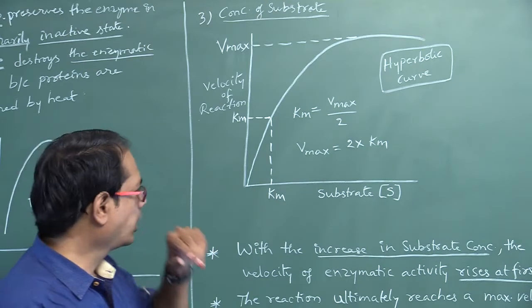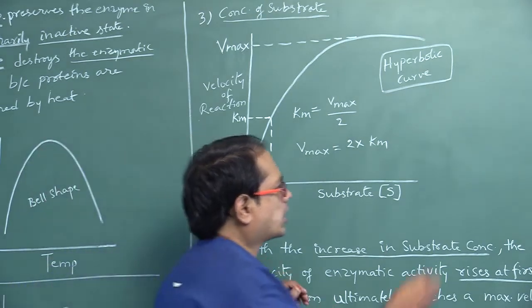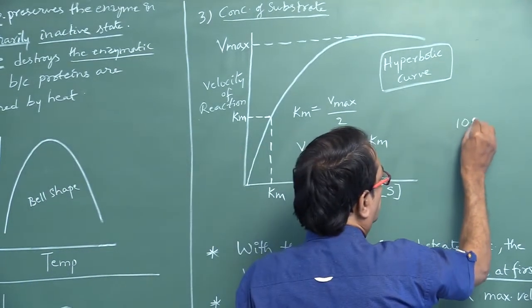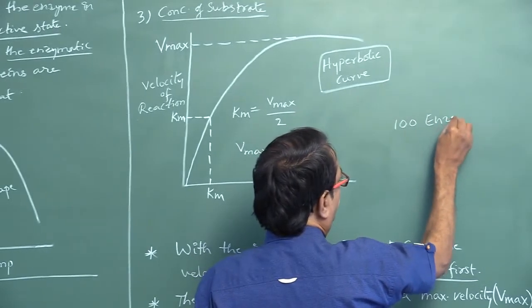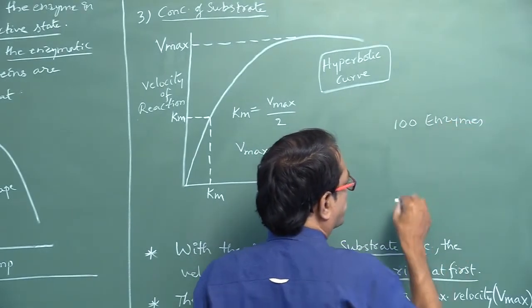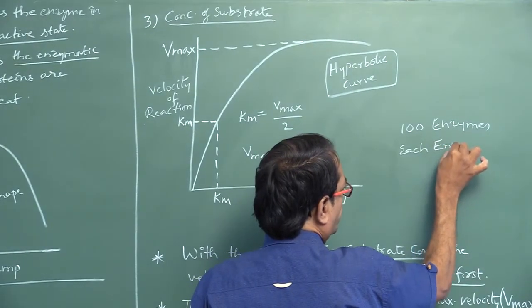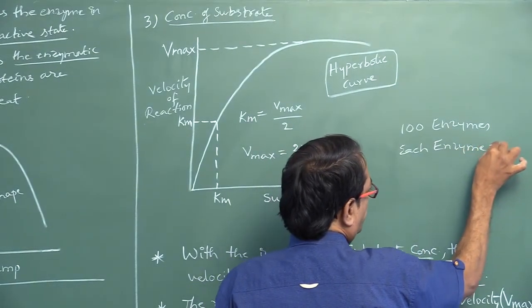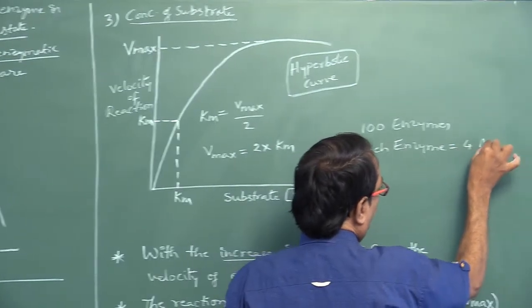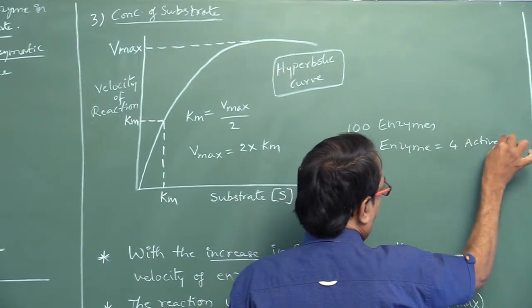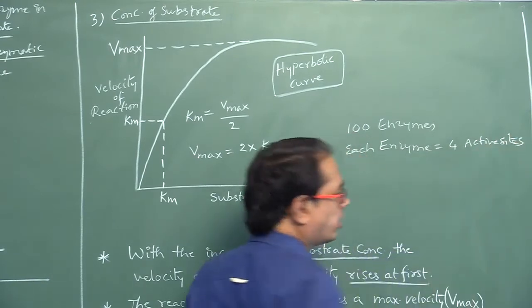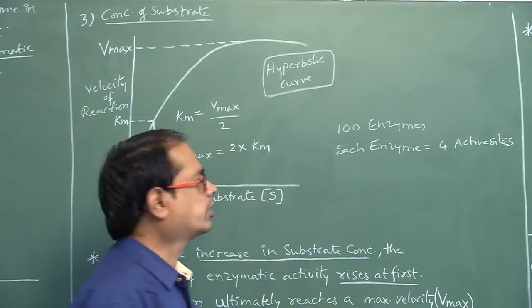Let us suppose there are 100 enzymes. Each enzyme has 4 active sites.